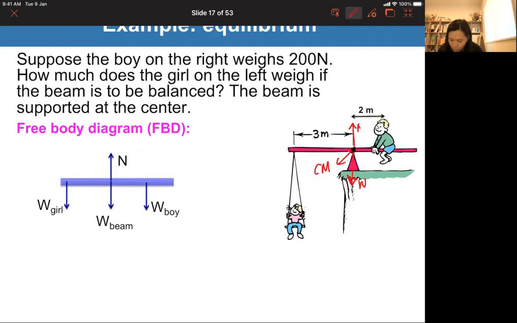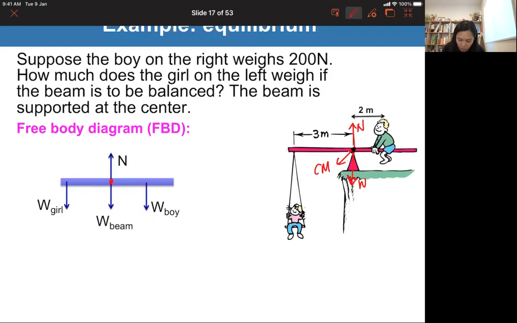Now here's the difference when we're talking about torques. You have the weight force from the boy on the right. Notice how I put the arrow signifying the weight force from the boy a certain distance from the pivot point.